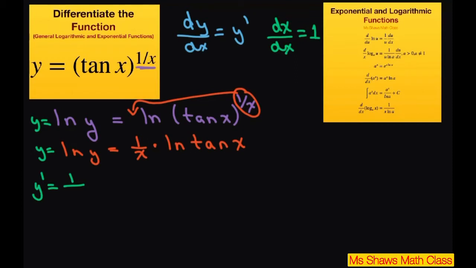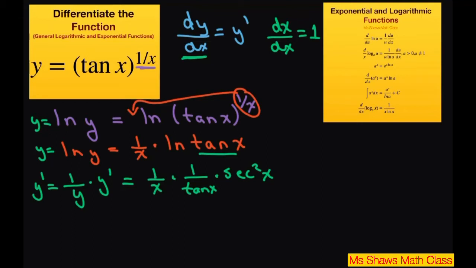Our derivative of ln y is going to be 1 divided by y, and this is times the derivative of y with respect to x, so times y prime equals. And then what you're going to do is take your 1 over x times the derivative of ln of tan of x. So that's going to be times 1 divided by tan of x. Then you have to take the derivative of tan of x, which is secant squared of x.